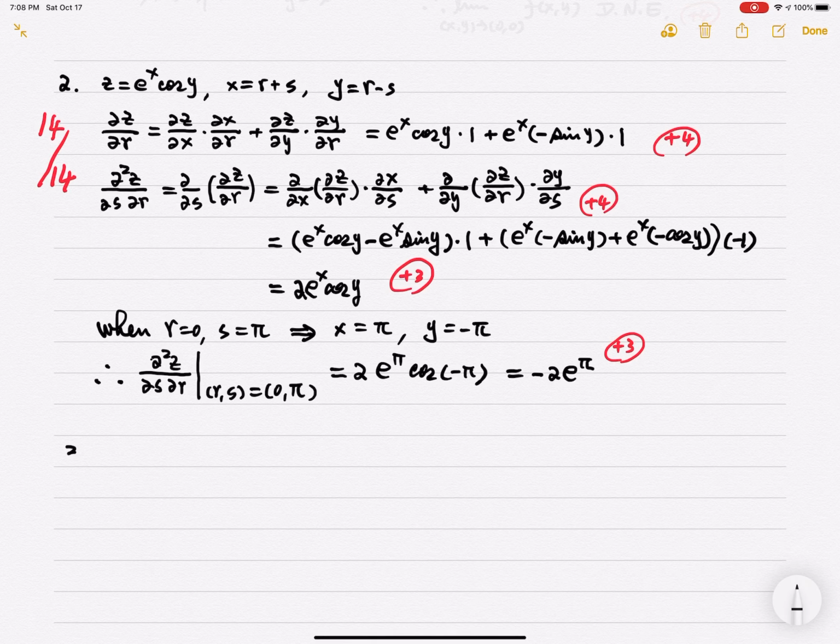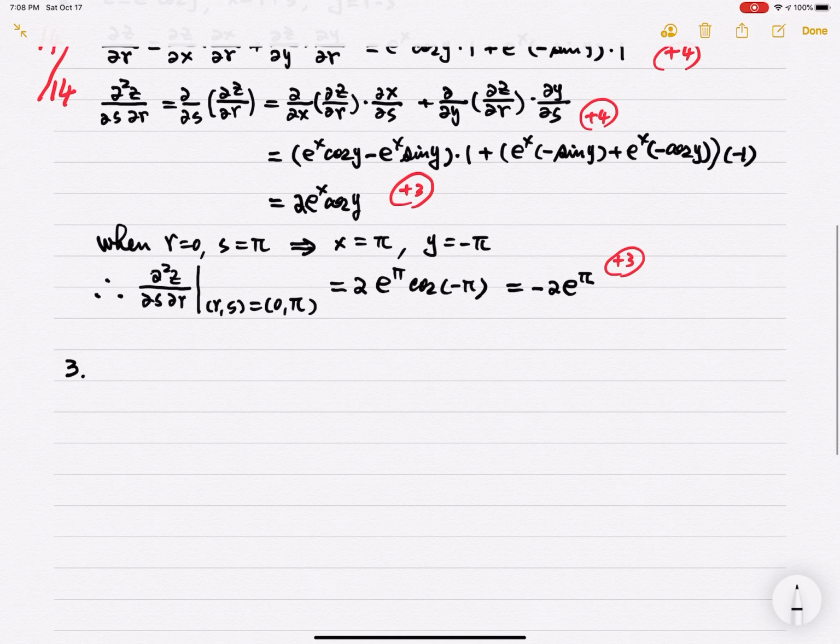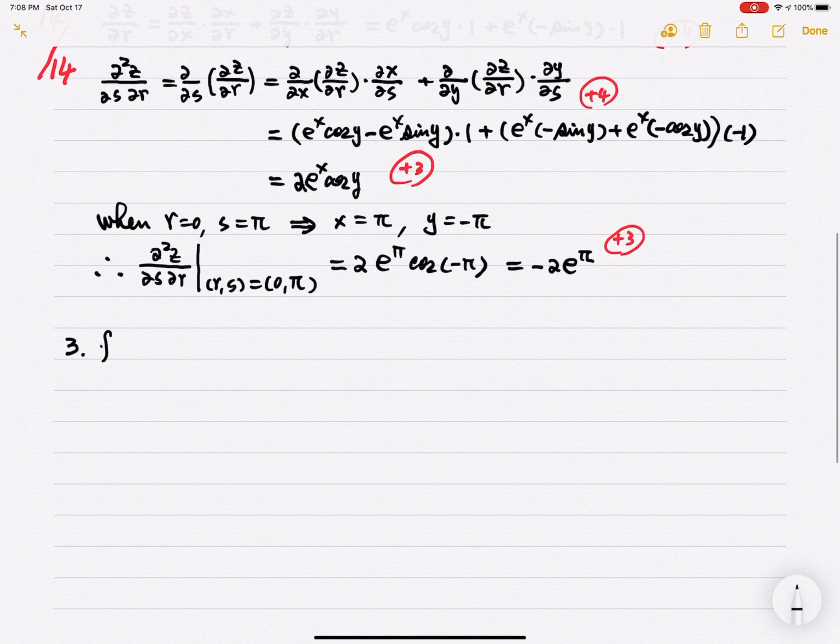Number 3, we have f(x, y, z) equal to x over y plus y over z, and the point is (4, 2, 1).